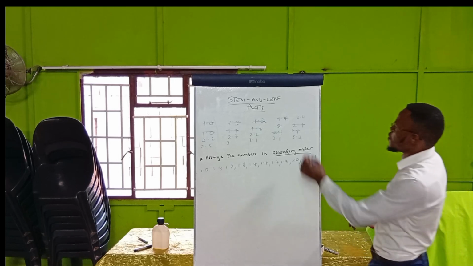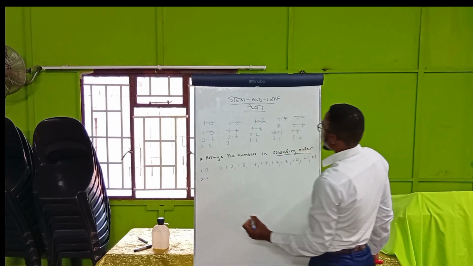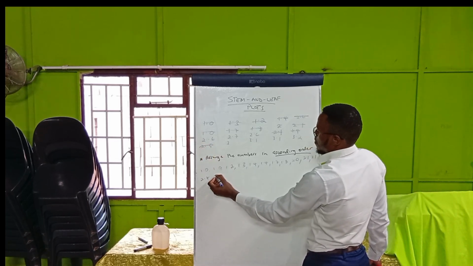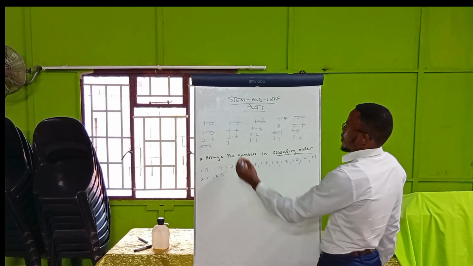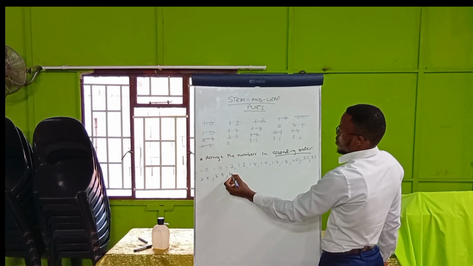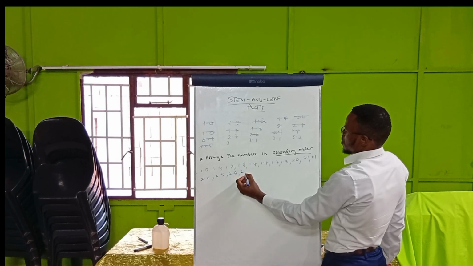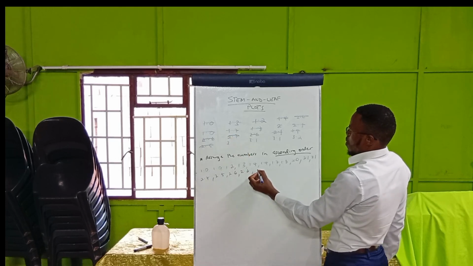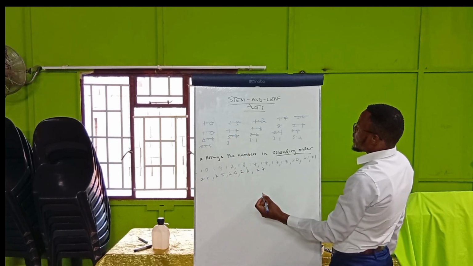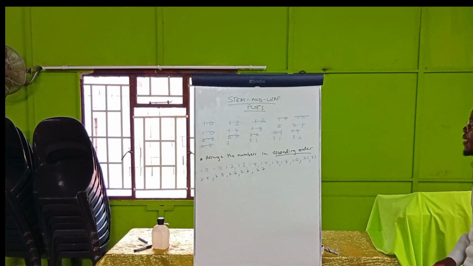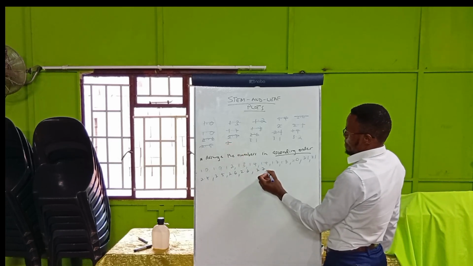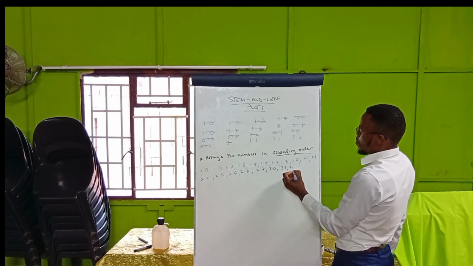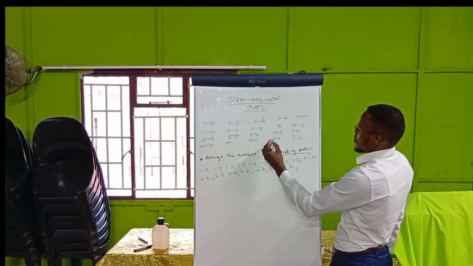No. 2.4, 2.4. 2.5, yes. 2.6, yes, there are 2 of them. 2.7. 2.8, 2.9, 3. Remember, 3 can be written as 3.0, then 3.1, 3.1, and 3.2.